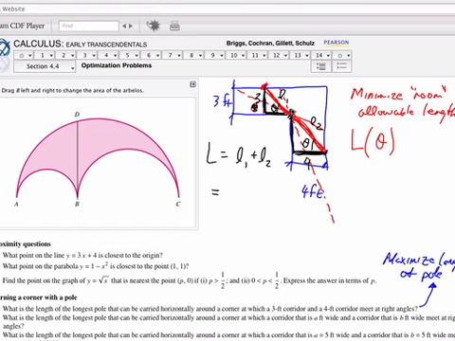What relationship is that? That's our sine, right? This is a vertical height. So sine of theta equals 3 over L1.